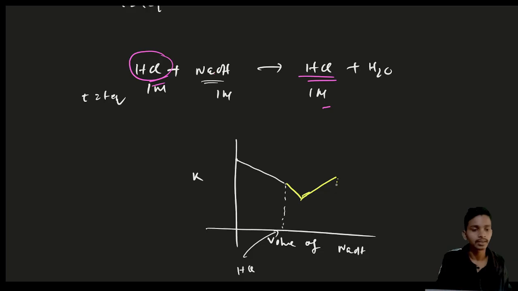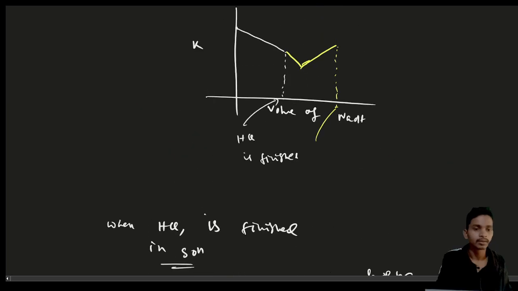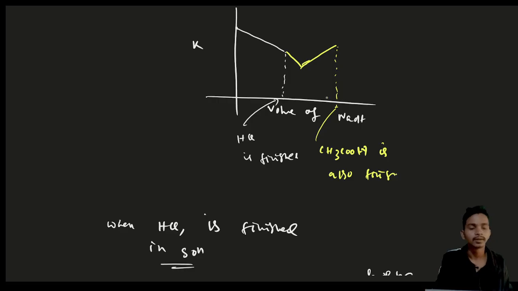After that here CH3COOH is also over. Here CH3COOH is also finished. Then again we are adding more and more NaOH, then it will increase like that.